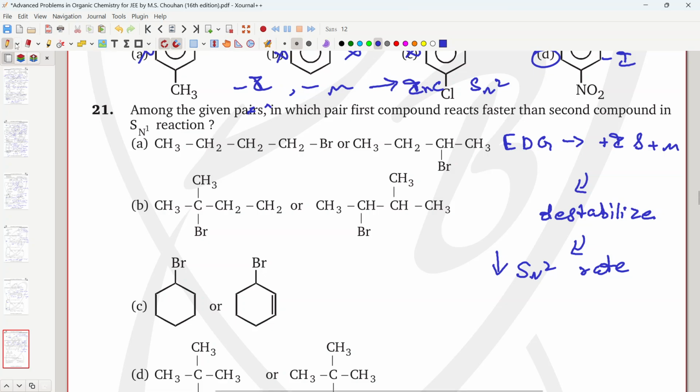Now, which one of the following pairs has the first compound reacting faster than the second compound in the SN1 reaction? Option A, 1-bromobutane versus 2-bromobutane. Primary is slower than secondary, so this is slower. Option B, the first one is tertiary bromide, the second is secondary bromide.